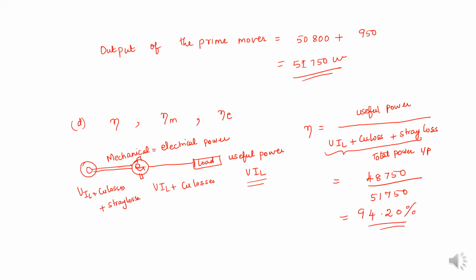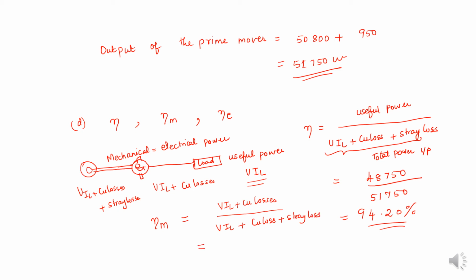And next I am going to find out the mechanical efficiency, eta m. The output is the electrical power output and the input is the mechanical power input. The electrical power output means VIL plus copper losses, and the input means VIL plus copper loss plus stray loss, the input mechanical power.